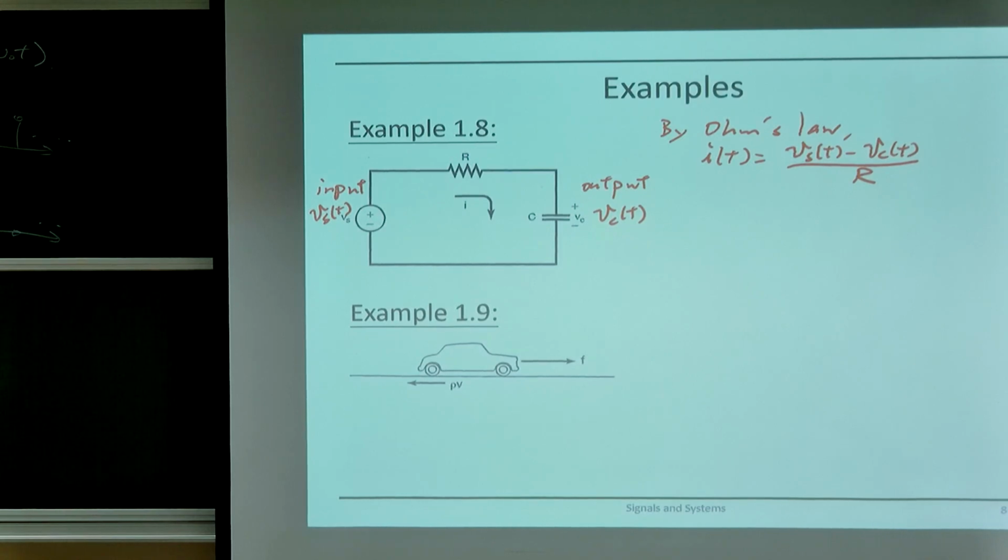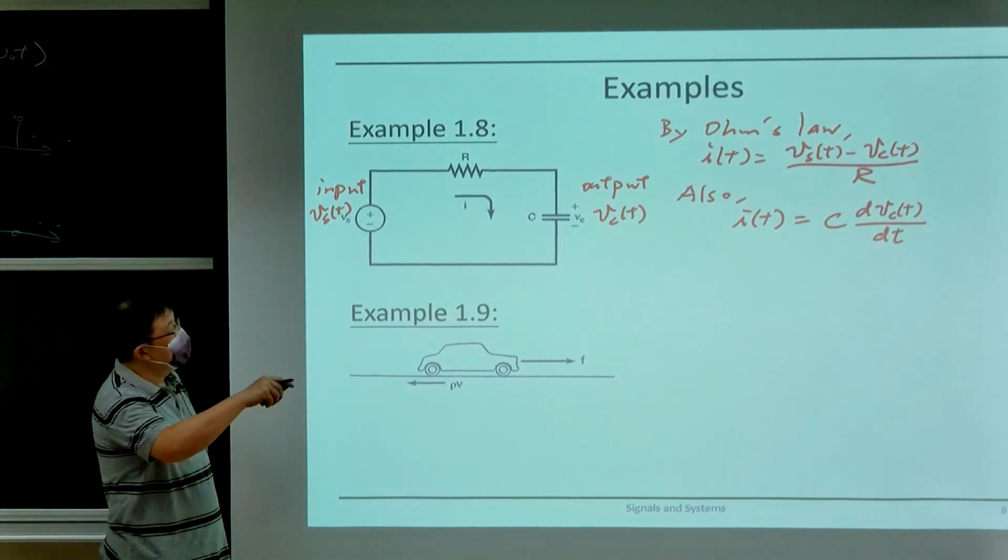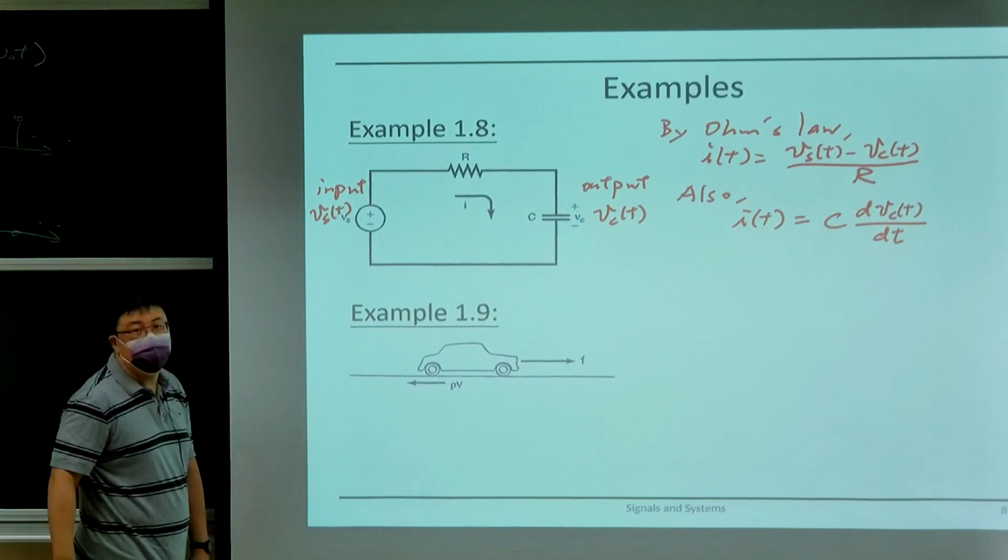Now, we also know that i of t should be equal to C, this capacitor here, times the derivative of the voltage across the capacitor.